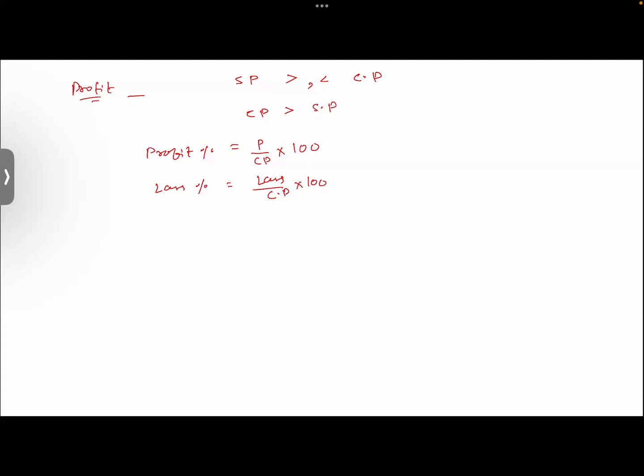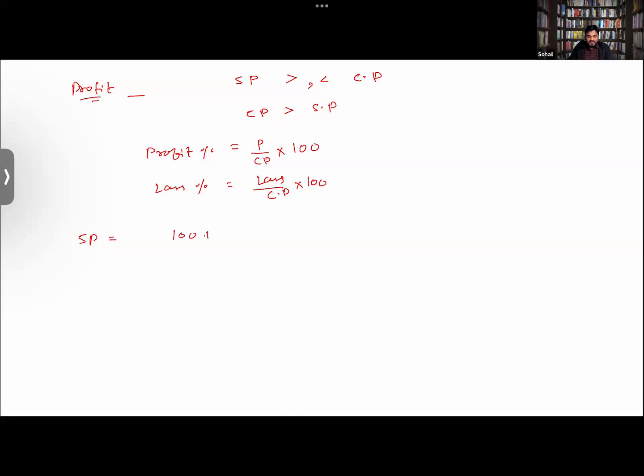Okay, so today there are two more important things that we need to study in the chapter. We know that profit is always made when selling price is greater than cost price. So if I were to say that you need to find selling price when profit percent and cost price are given, we have a formula to do that.